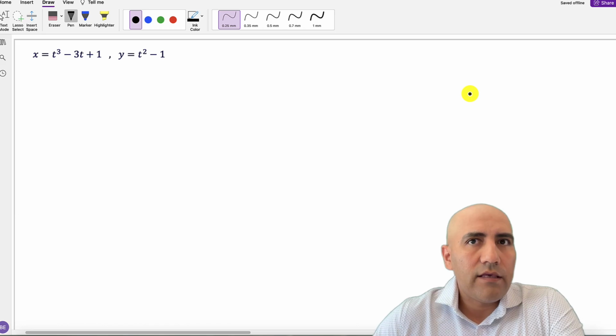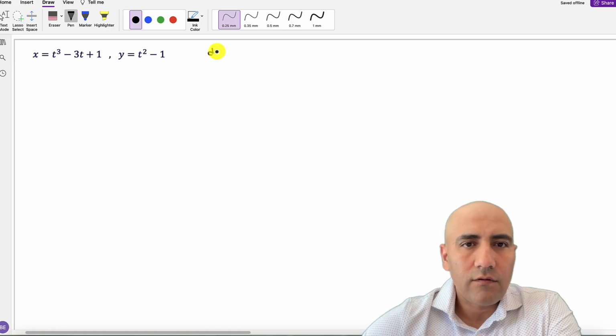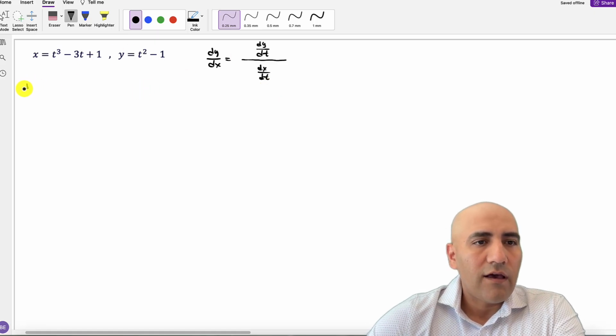Okay, so now to find the equation of the tangents at that point, let's begin by finding the derivative. So remember, our formula for finding the derivative dy/dx is equal to this fraction, where we have to find dy/dt, and then divide that by dx/dt. So let's find them separately and then divide them. So dx/dt is equal to the derivative with respect to t of t cubed minus 3t plus 1. And so this derivative, dx/dt, is equal to 3t squared minus 3.